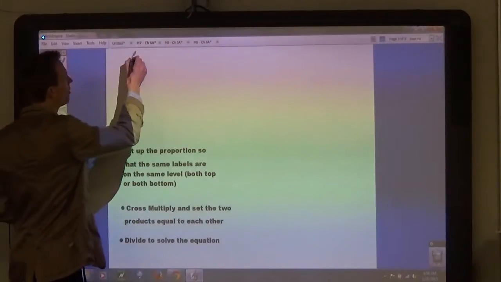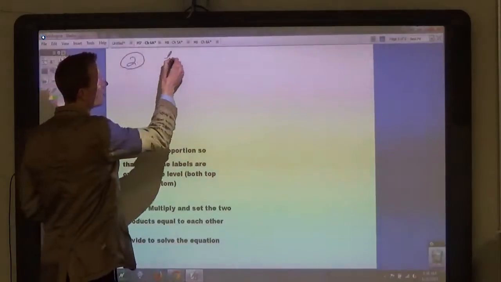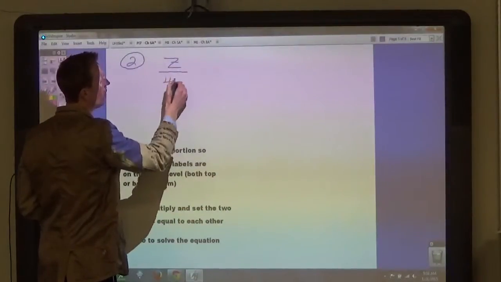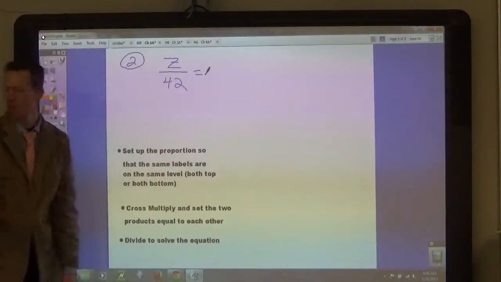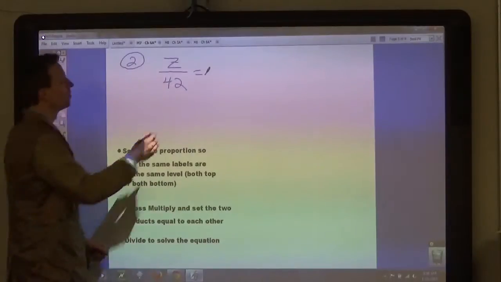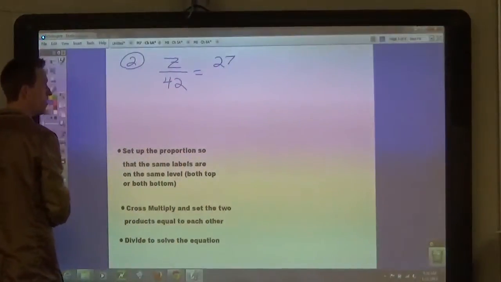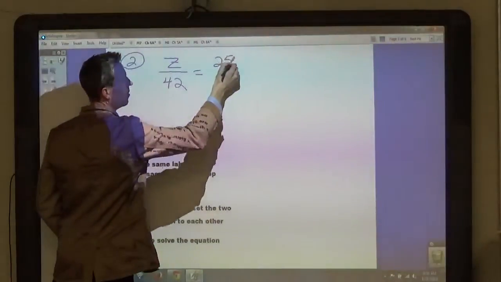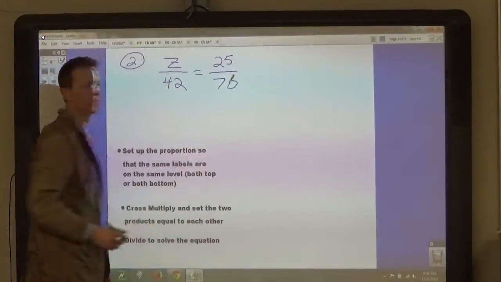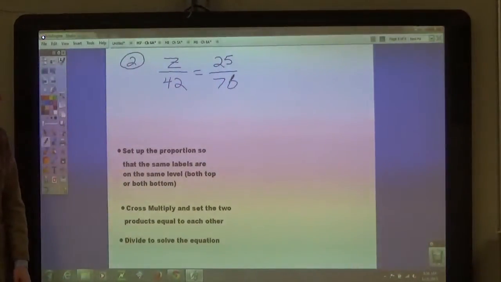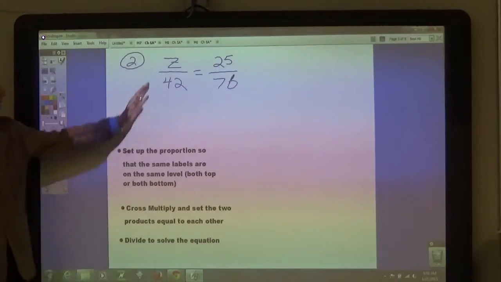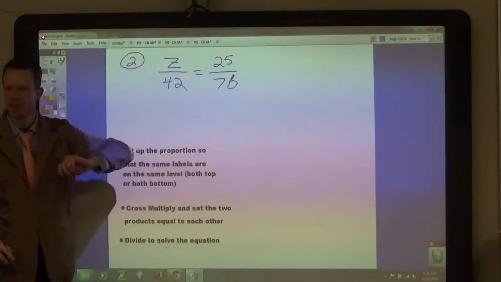In this one, we're just using numbers. Z over 42 equals 25 over 70. We've got the proportions set up.